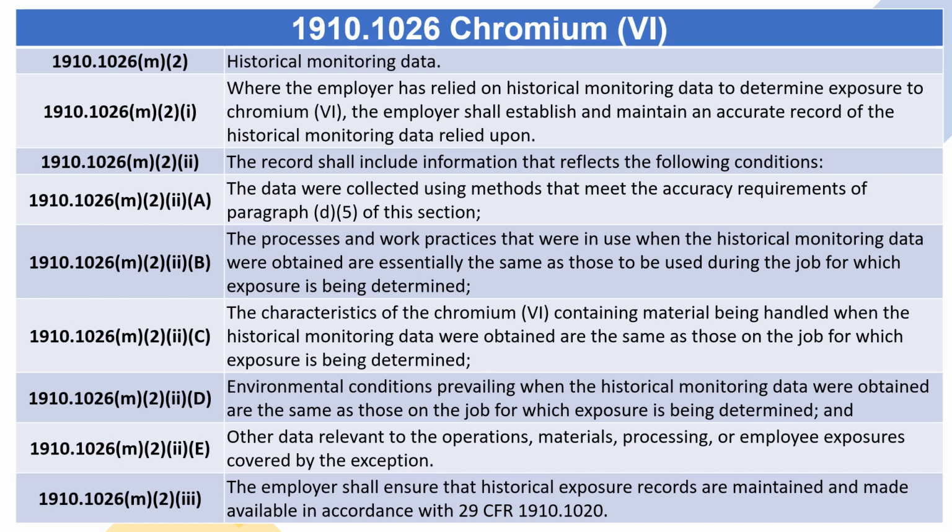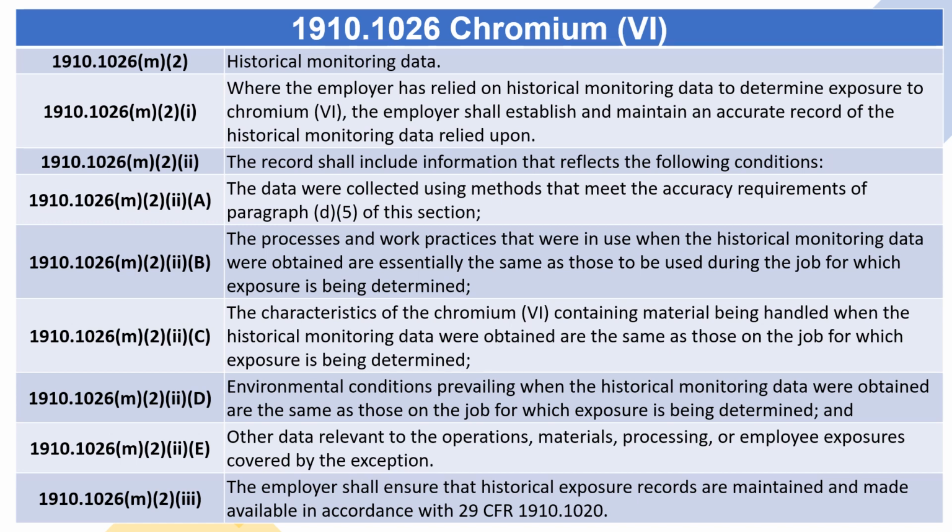The processes and work practices that were in use when the historical monitoring data were obtained are essentially the same as those to be used during the job for which exposure is being determined. The characteristics of the chromium-6 containing material being handled when the historical monitoring data were obtained are the same as those on the job for which exposure is being determined. Environmental conditions prevailing when the historical monitoring data were obtained are the same as those on the job for which exposure is being determined.